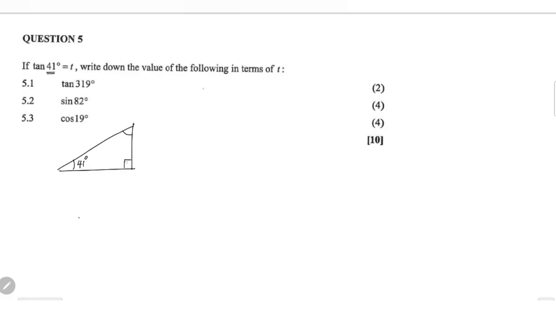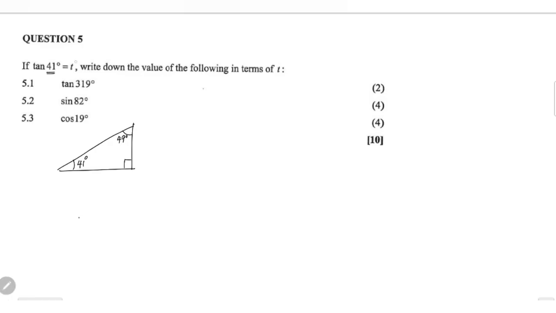You know that because 90 degrees is already there, which means the other two angles' sum must be 90. Then only 90 plus 90 is going to be 180. You know that the angle sum is 180 in a triangle. So this angle is 49, isn't it? So any trigonometric ratio with 41 or 49, you can write it in terms of t.